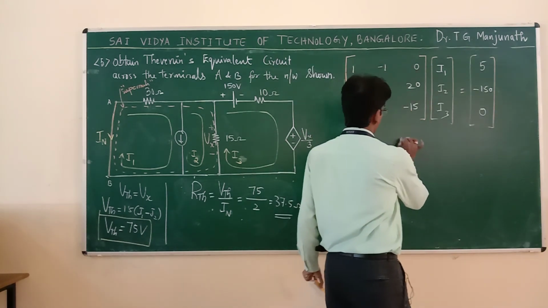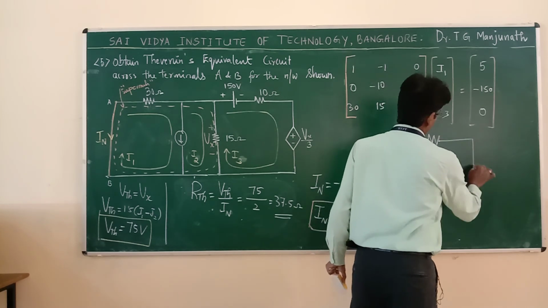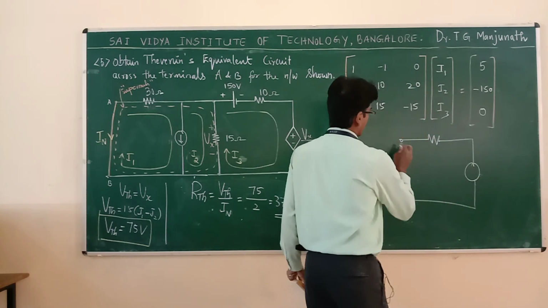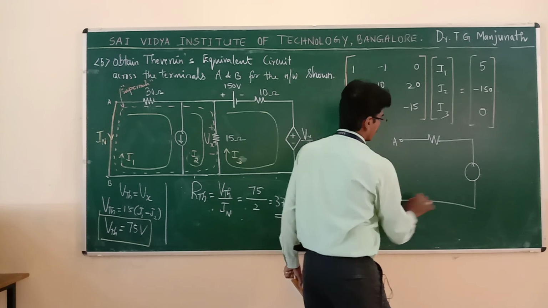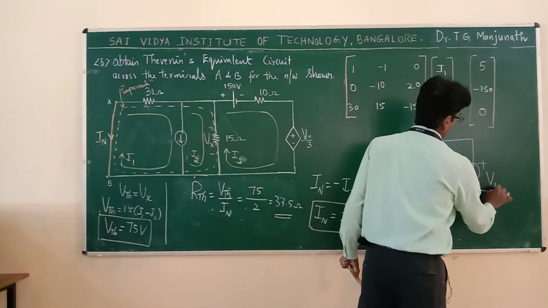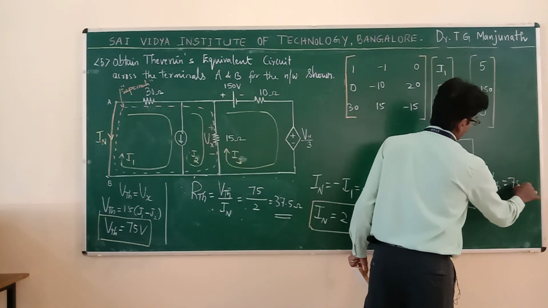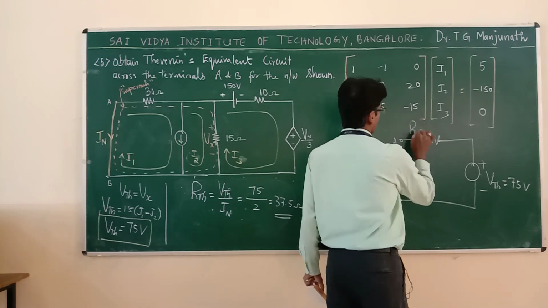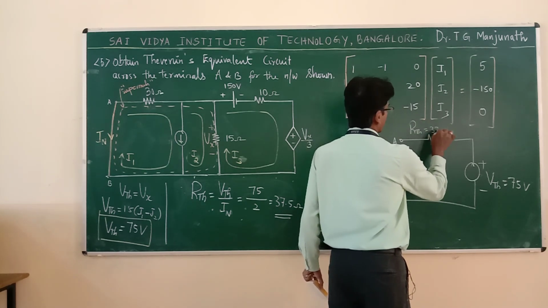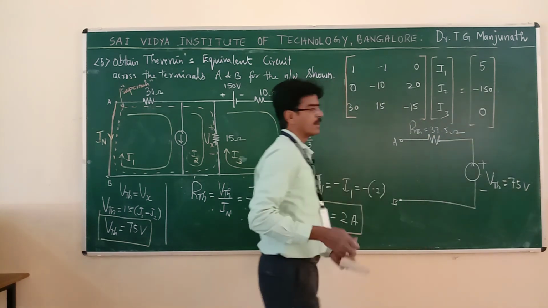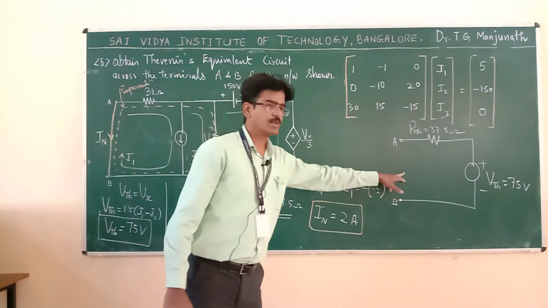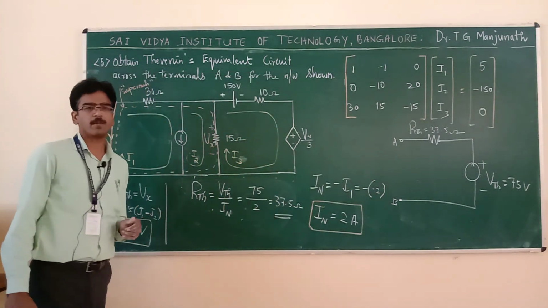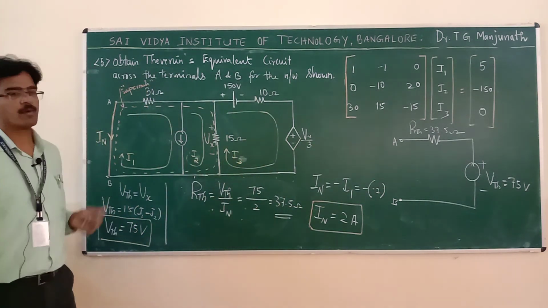Thevenin's equivalent circuit is nothing but a voltage source in series with a resistance. So, that is equal to 75 volts. R Thevenin is equal to 37.5 ohms. So, this is the solution for this problem. I hope all of you have followed.